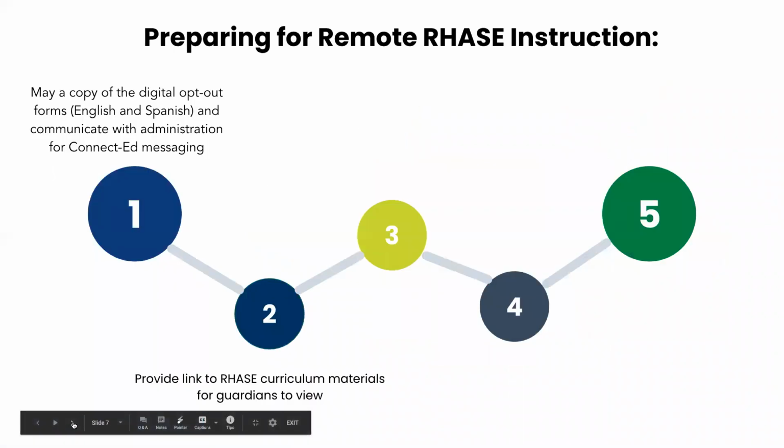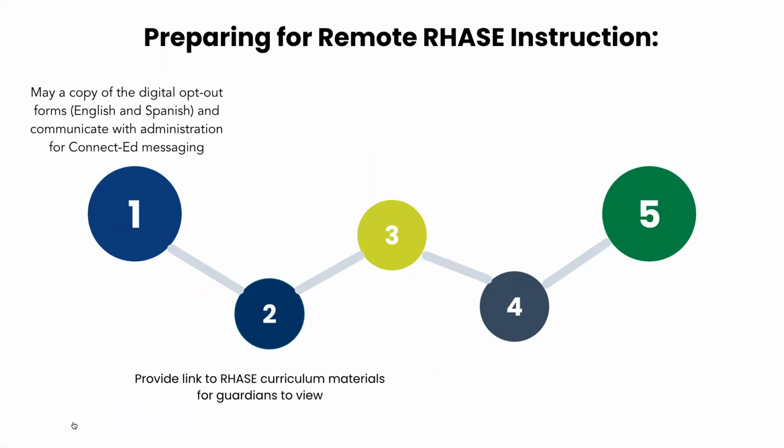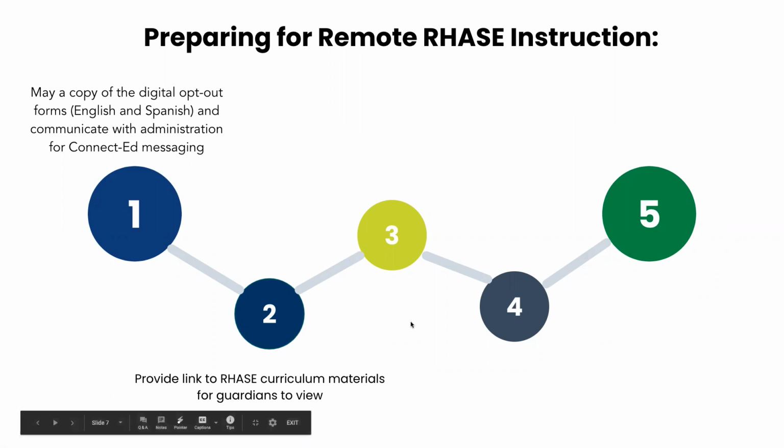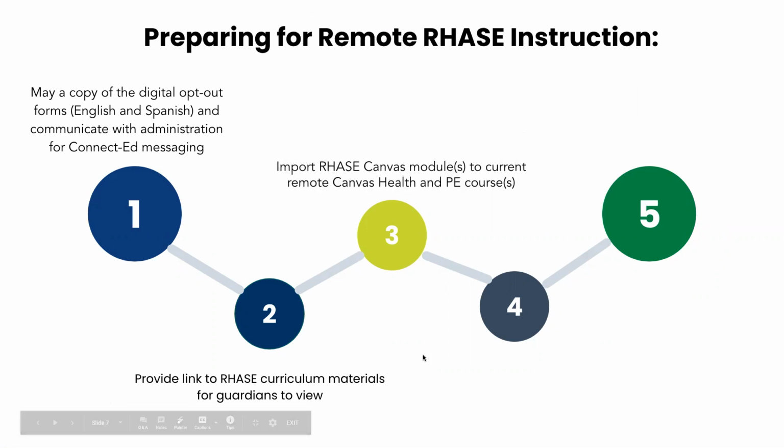So opting out, and allowing parents and guardians to review the curriculum materials, are the big 2 things that we must do to ensure that we follow all state and local policy. Now, once you did those 2 steps, where do I get all the curriculum materials? From Canvas.